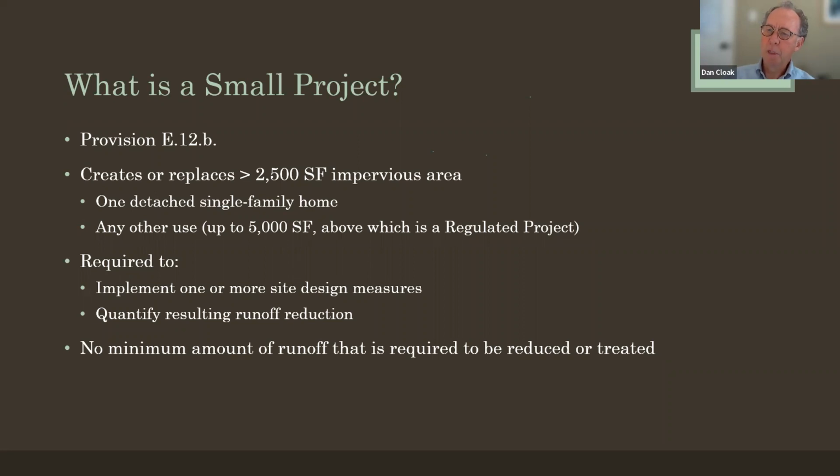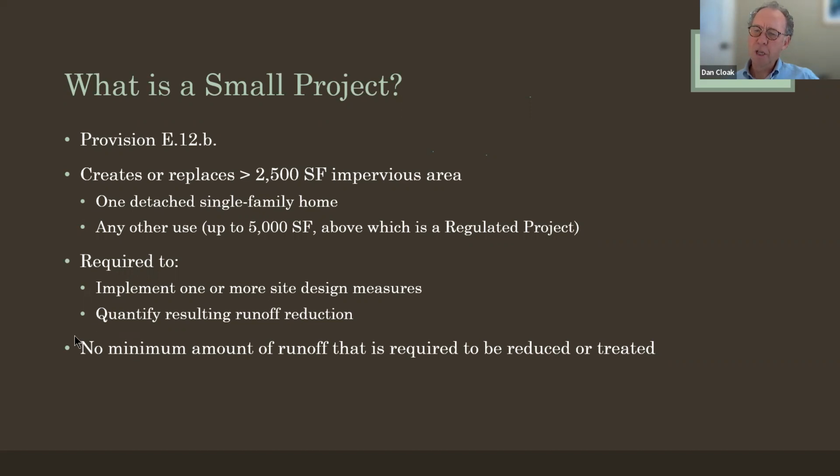The requirement is to implement one or more site design measures and quantify the resulting runoff reduction. That's what it reads in the permit. We have our own methodology for quantifying that reduction, by basically saying the impervious surface that is directed to vegetated areas qualifies for that.